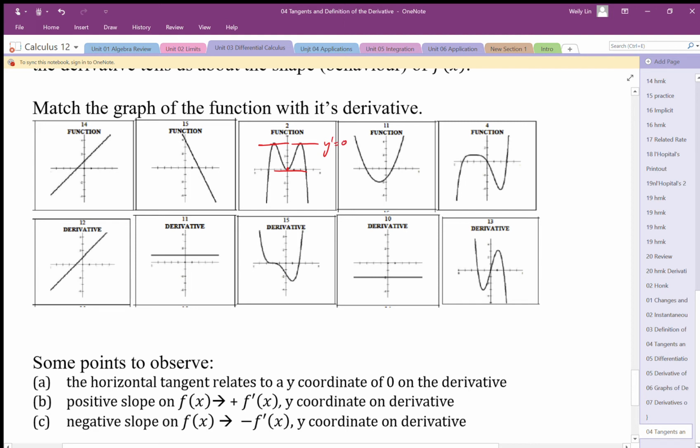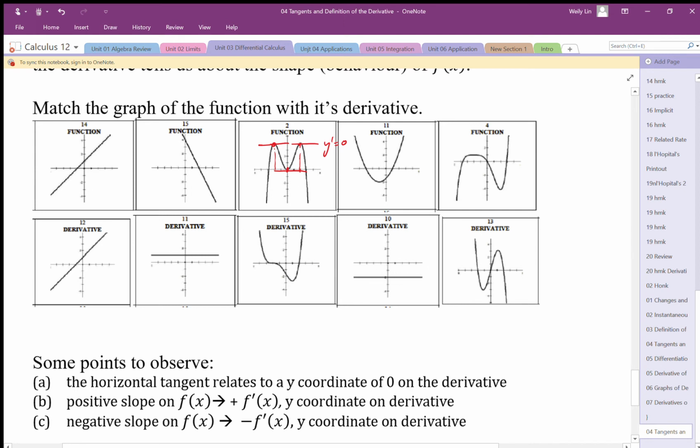So at those x coordinates, I should expect the derivative to go through the x-axis, or the derivative equal to 0. In fact, this one should have 3 points where it crosses 0. If I look here, there's only 1, well, kind of 2 here, none here. This one has 1, 2, 3.